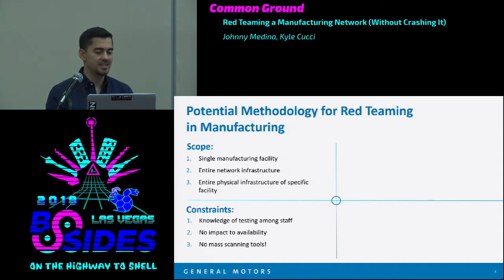Also, we put here no mass scanning tools. If you're new to this, it's best to learn the manual methods before moving on to the scanning tools. A lot of the scanning tools are very aggressive, and some of these devices within the control network may not play so well with these automated scanners that look for everything against devices. So you want to really understand what those scanners are doing if you are running them, and it's best to start off with not running those scanners or running the basic low-level version.